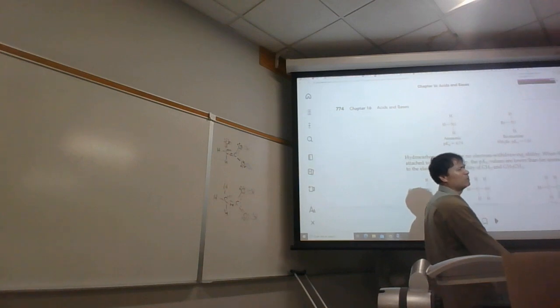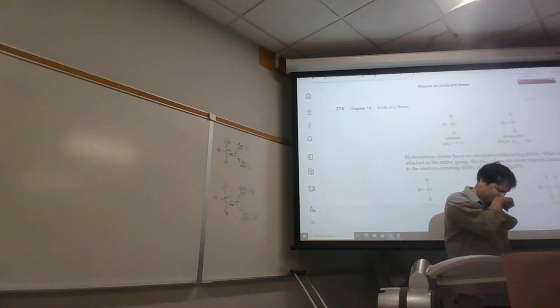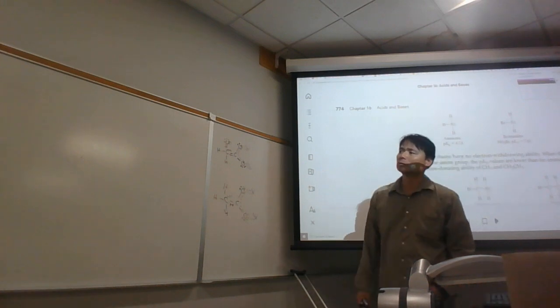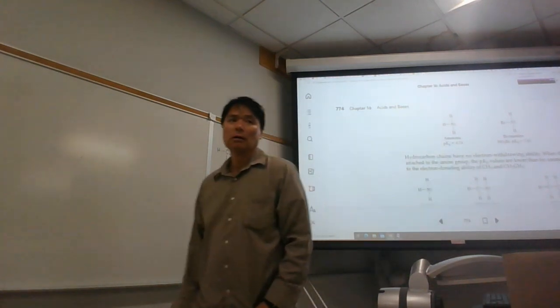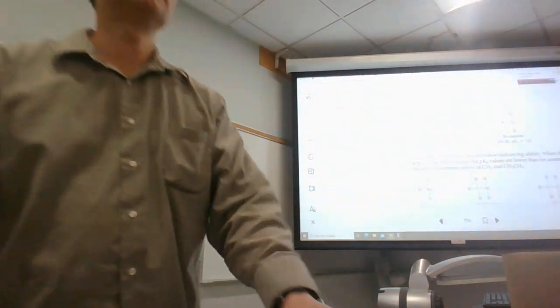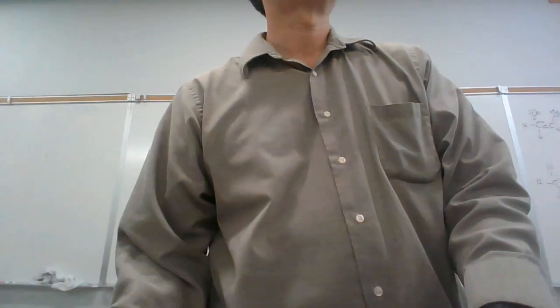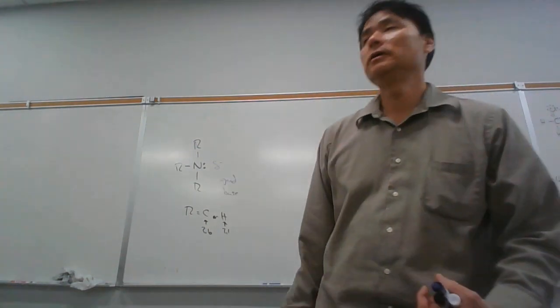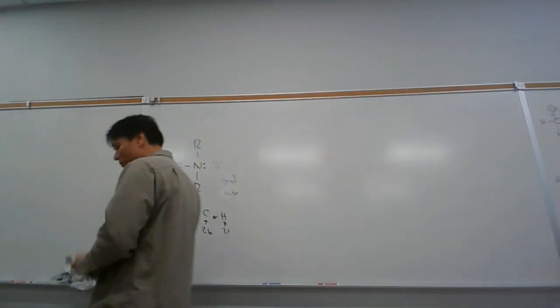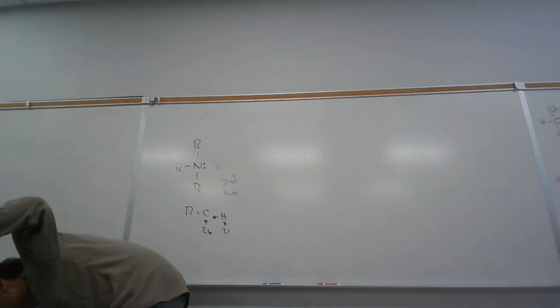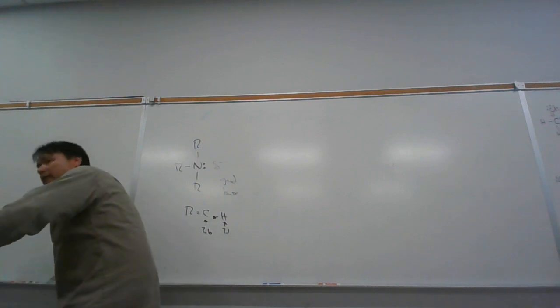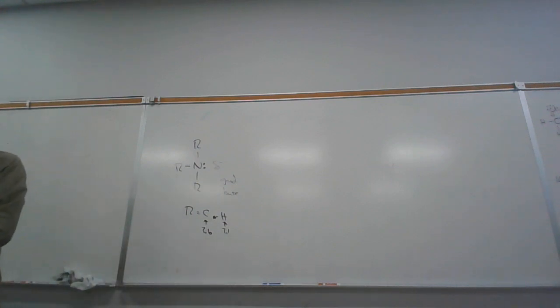What's bromo? Bromo is what we call, not an R group, what do we call bromo? Well, what do we normally give? Bromine's a halogen. So what symbol do we normally use for halogens? Not H. This is something you might have seen a couple of times in the past. What symbol do we use?